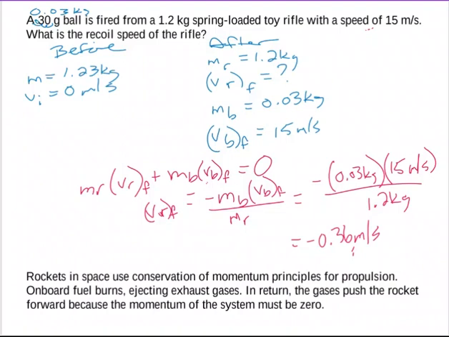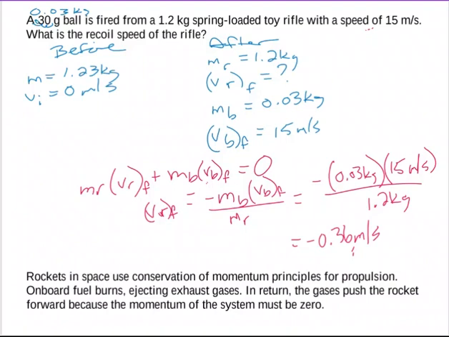Now, rockets in space actually use the same idea. Conservation of momentum principles are used for propulsion. We have onboard fuel that burns. If you picture the space shuttle, they burn this fuel and it spits out the exhaust.